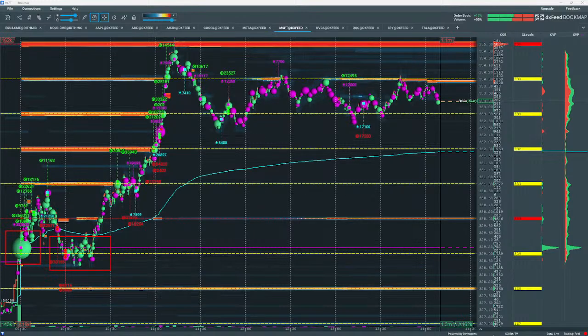Price breaks above the 330 key gamma strike and heads up towards the 335 liquidity level. Didn't quite make it there, and then started to consolidate as options traders took their foot off the gas.